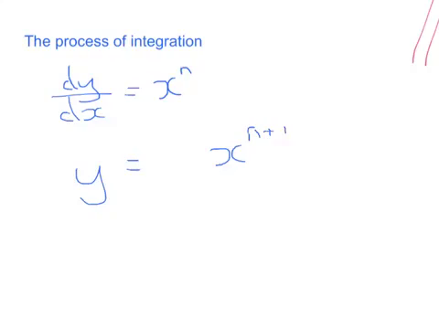Now, the other bit you need to work out is really this coefficient, which kind of sorted itself out in that first example I showed you. If it wasn't nice and easy and the numbers didn't just cancel each other out like they did previously, what you'd have to do is multiply it by 1 over n plus 1.